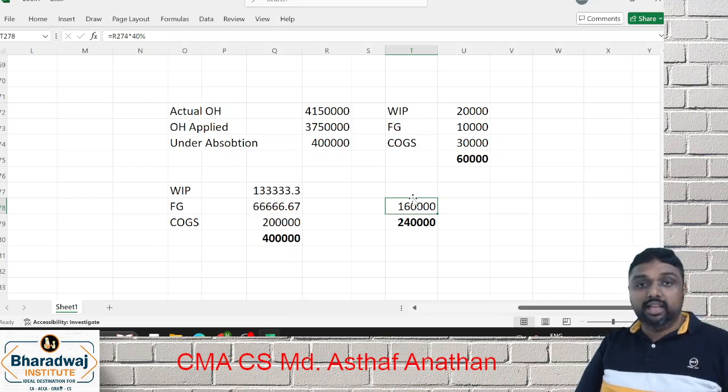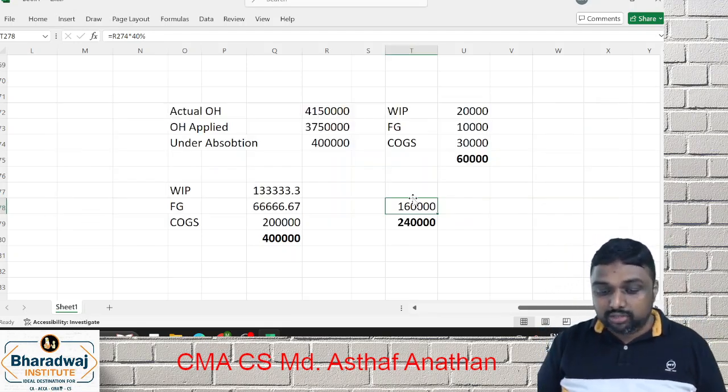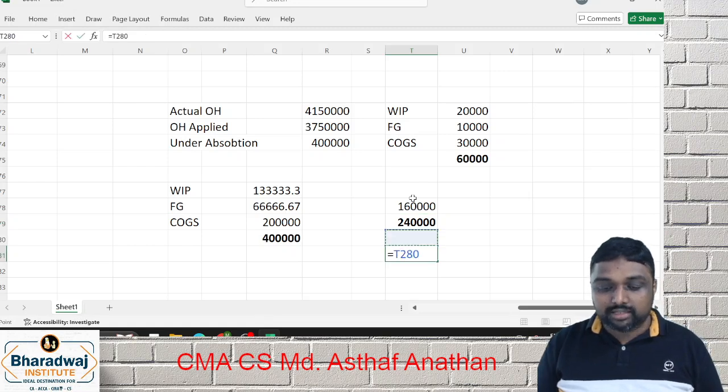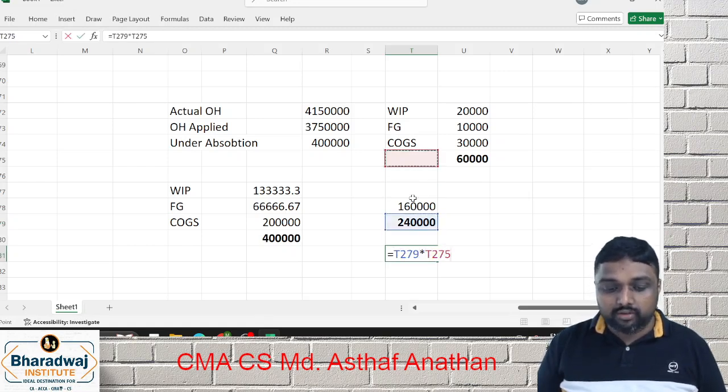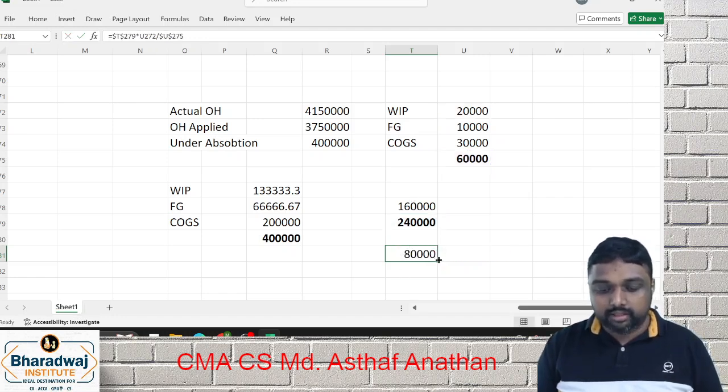This came in CA Inter accordingly. Let's see which method was followed. If you do this 40, then your recovery rate will change slightly. Divided by this amount, let's see what happens. 80, this will be the difference.